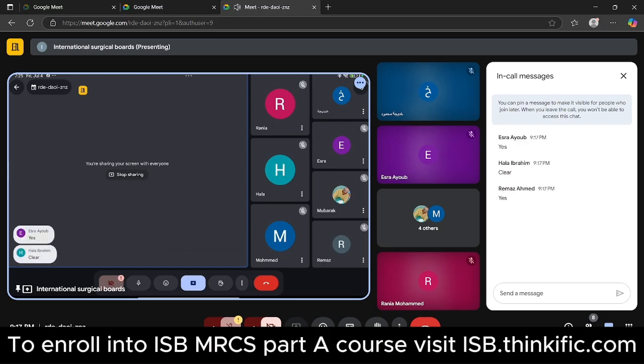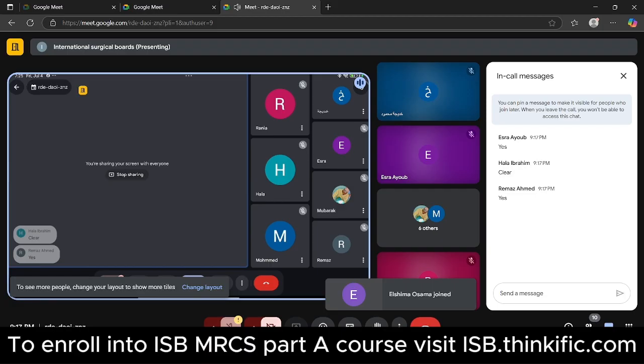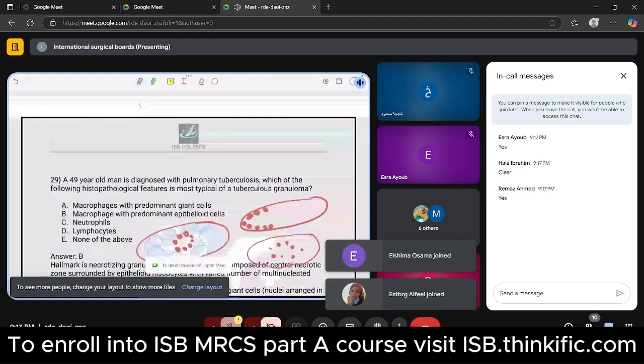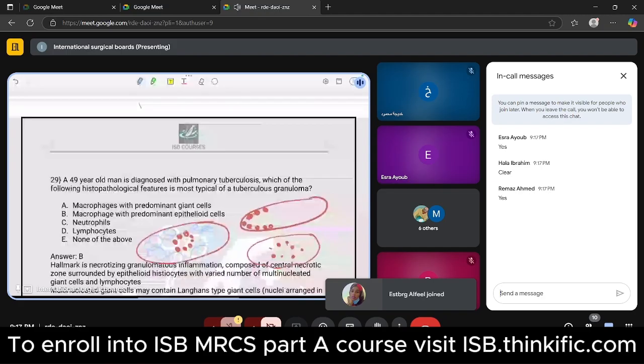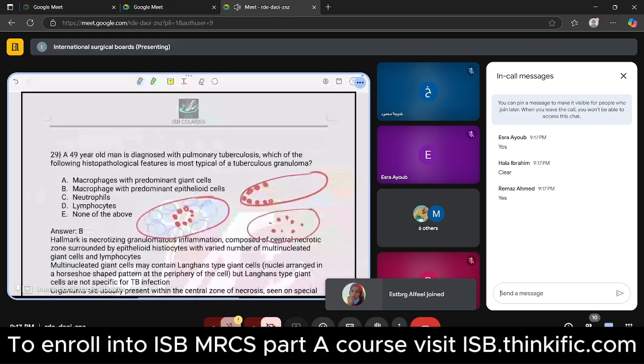Great, okay. So it must have been over, I don't know, Google Meets or something. So my question was, let's come back to this diagram. We've talked about the Langhans giant cell, that it has a horseshoe-shaped arrangement of the nuclei at one pole of the cell. And then we've talked about the foreign body giant cell, that it has just scattered nuclei throughout.